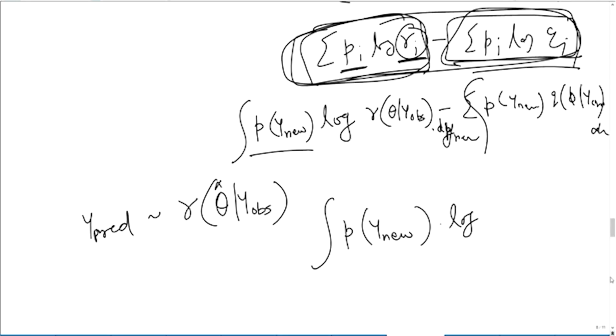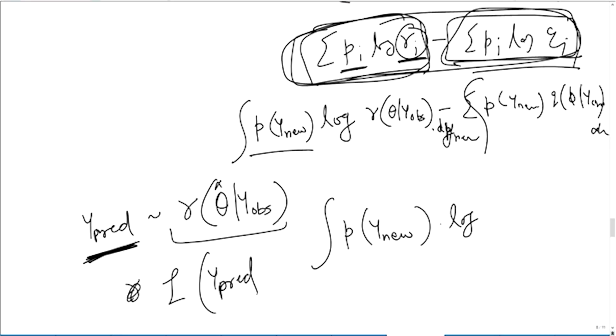So if we want to think about the distribution of these posterior predictions, then it will be given by the likelihood of observing these predicted data given theta hat, such that theta hat is trained on y obs.